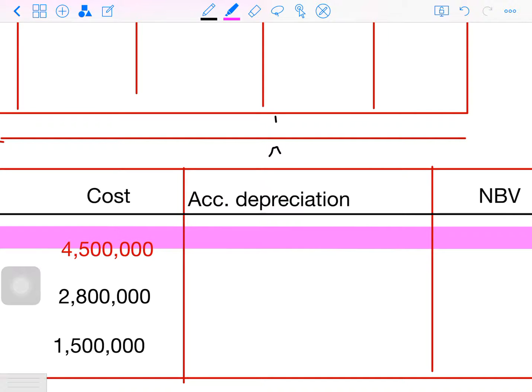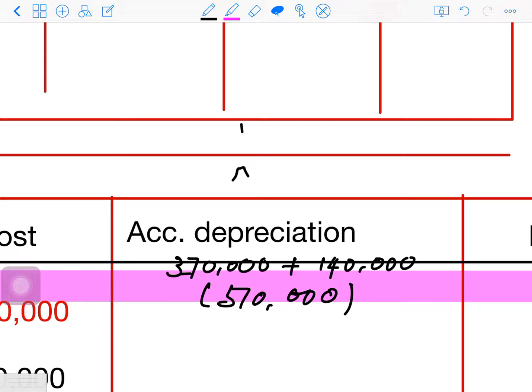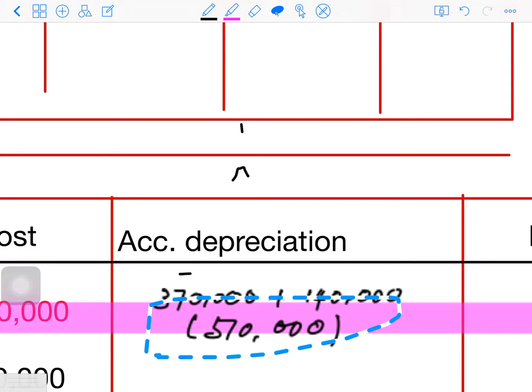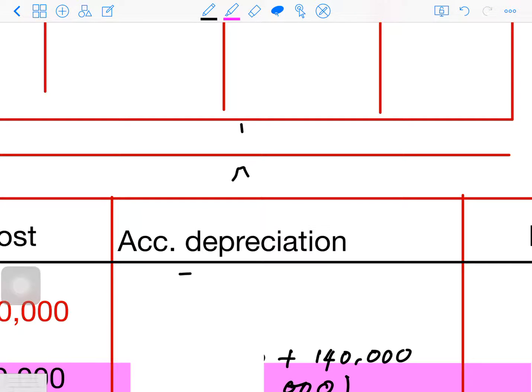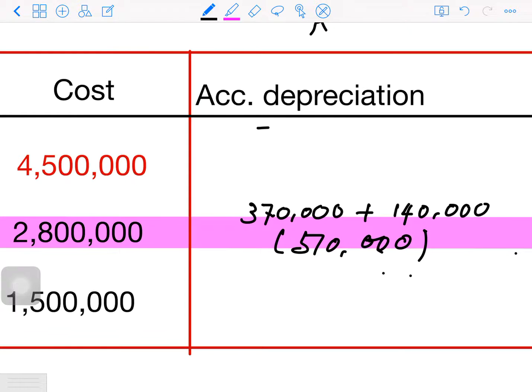Sorry, it should not be land. It should be building. 510.